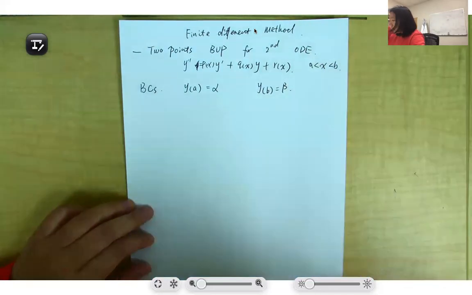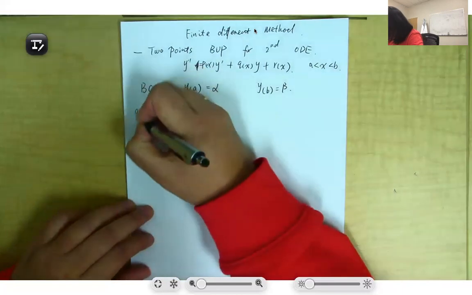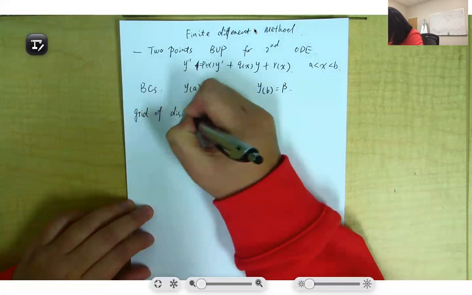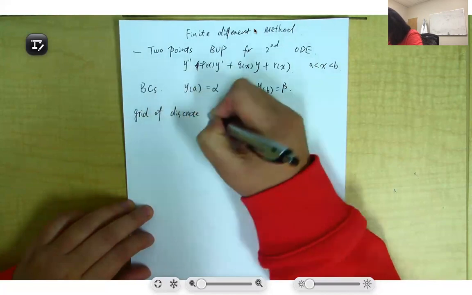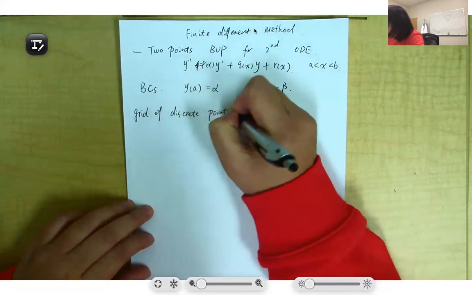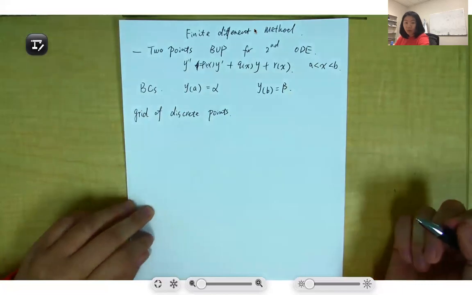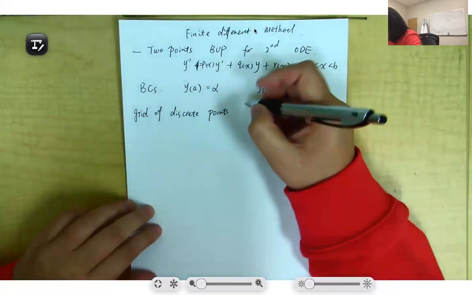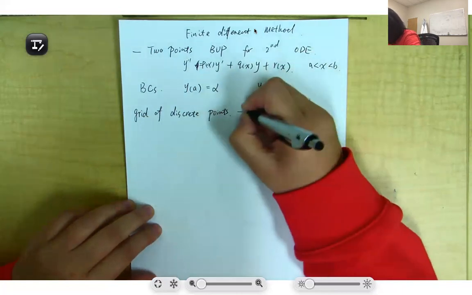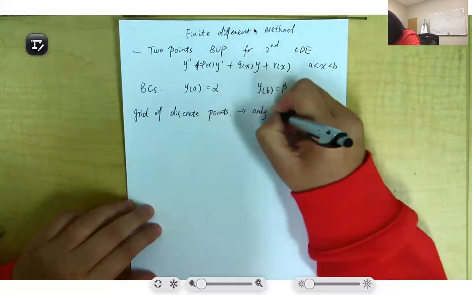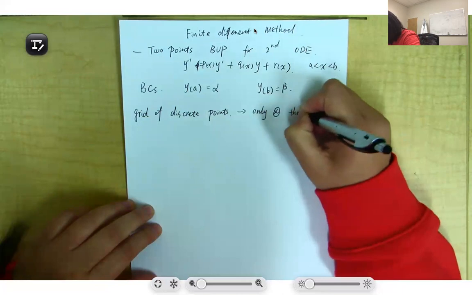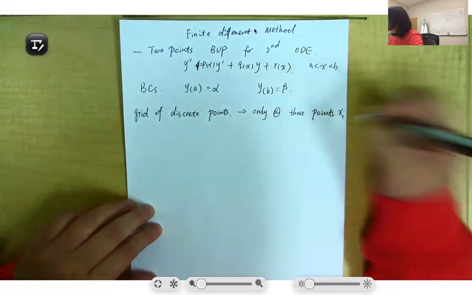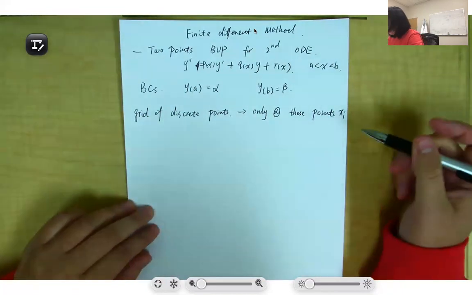Then the grid of created points, or the mesh grid you will use for the finite difference method, will be only at xi.